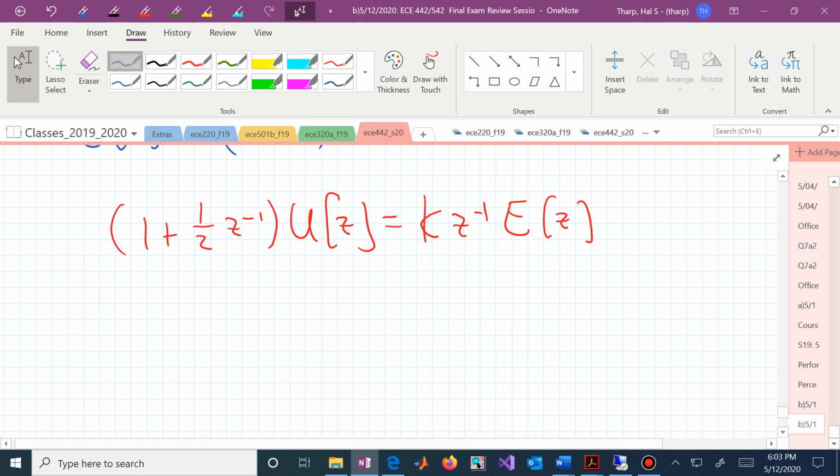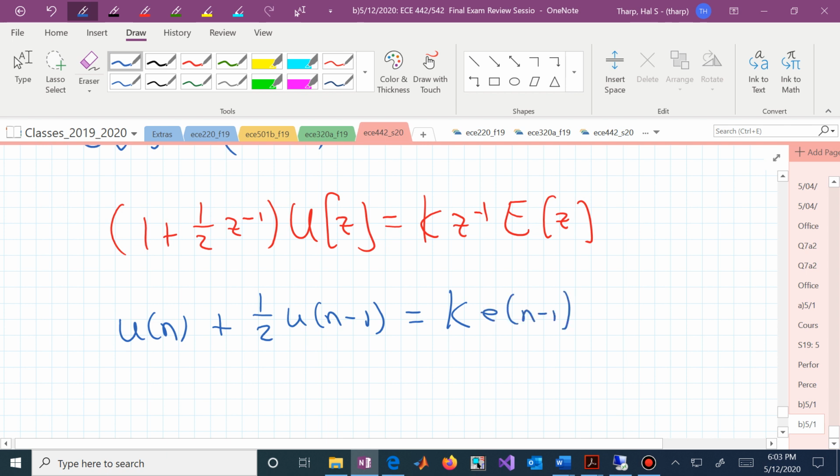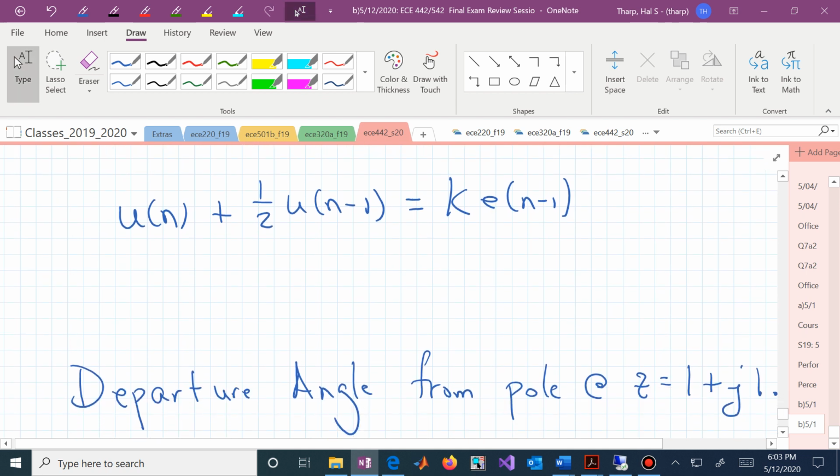Take it into the time domain, and we now see that we have u of n plus 1/2 u of n minus 1 equaling K e of n minus 1. So in fact the present input u is a function of previous inputs and previous error signals.